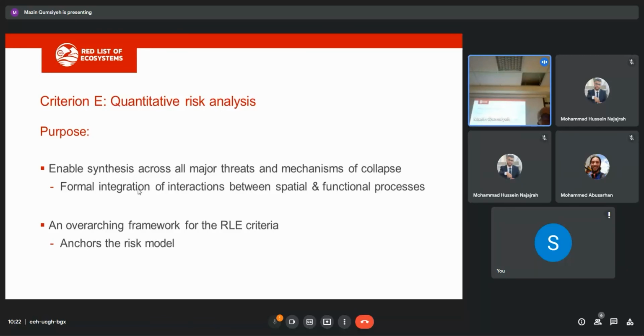It's a kind of integration of both interaction between spatial and functional processes. Remember, the first two criteria, A and B, were linked to the spatial aspect of the ecosystem, the next two to the function, and the last one is a combination of the two.